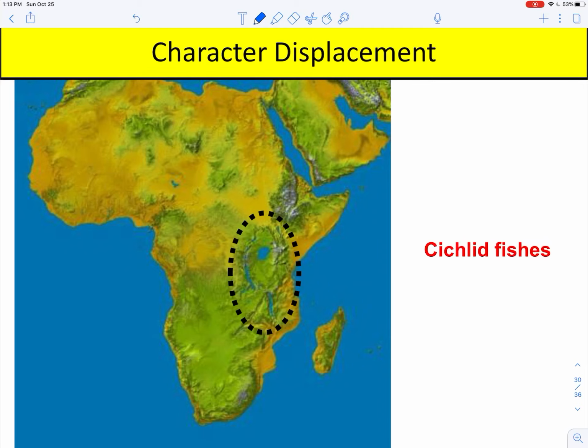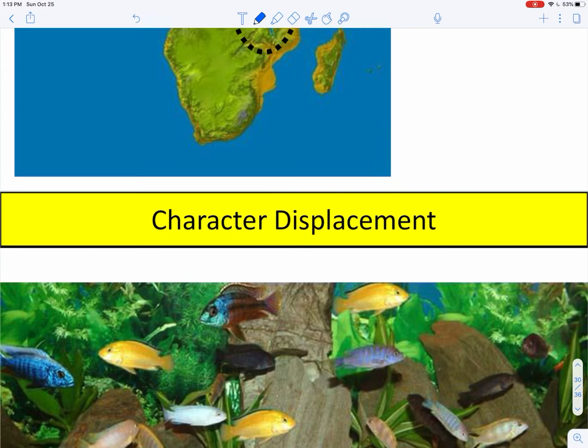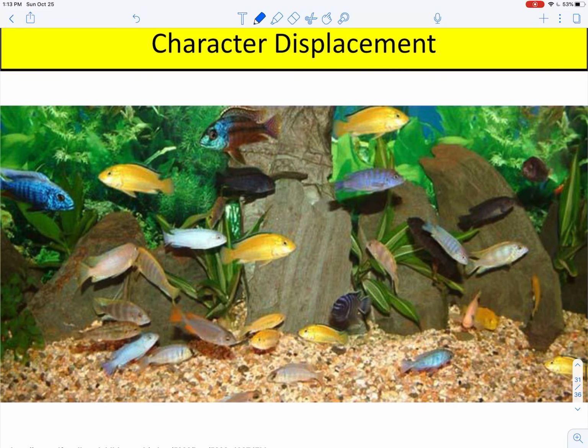So we see this coexistence in a single lake. And just to give you an idea what they look like, these are fishes that may look familiar to you. They're very common aquarium fishes that you can find in pet stores. And a lot of cichlid fishes are really highly specialized feeders, especially in their native environment.